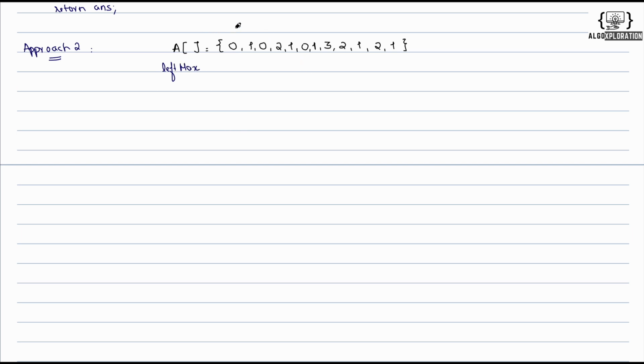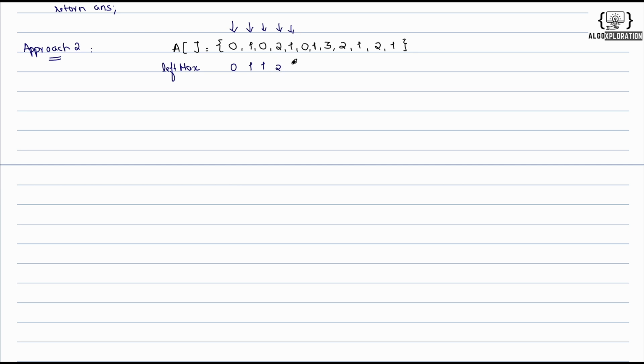Now starting from 0th index, here we can see that the highest building till this point is 0 only. If you talk about this building, now we found a building which has greater height, so this will be 1. Till this point on its left the highest is 1. Till this point we found the highest building is 2, right?